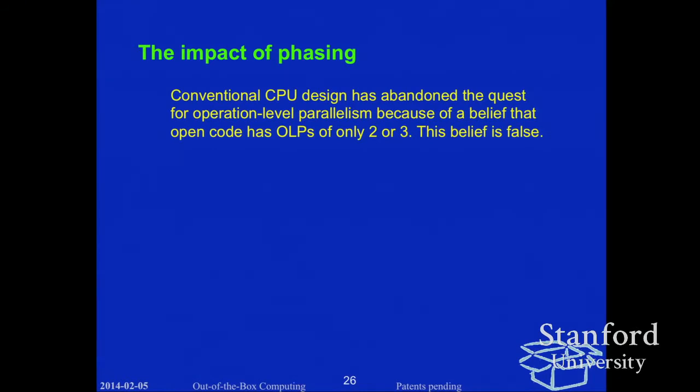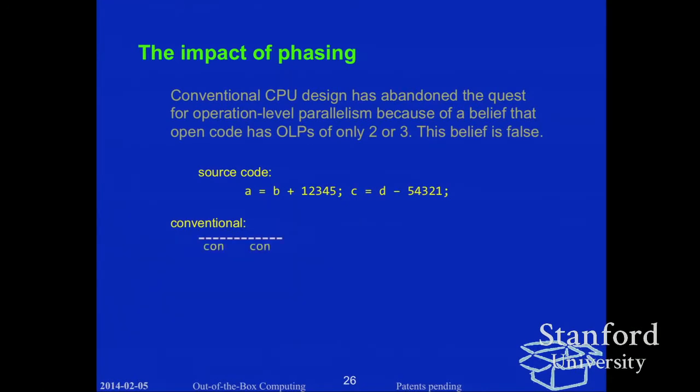Well, it turns out that's false. In particular, out-of-order machines avoid it, but so does the Mill. Say we have 2 data flows. These are, again, very simple for illustration. On a conventional machine, you could do the 2 cons in parallel.